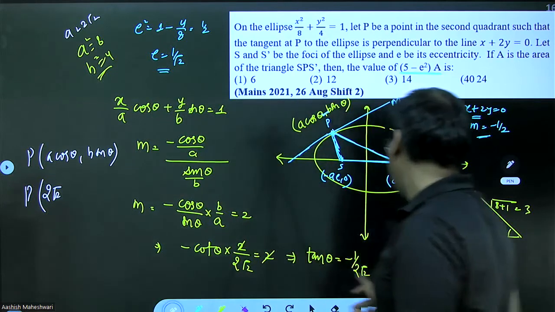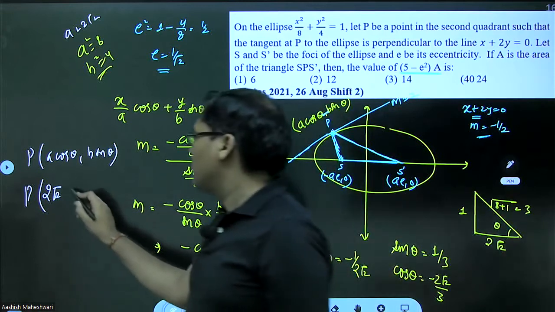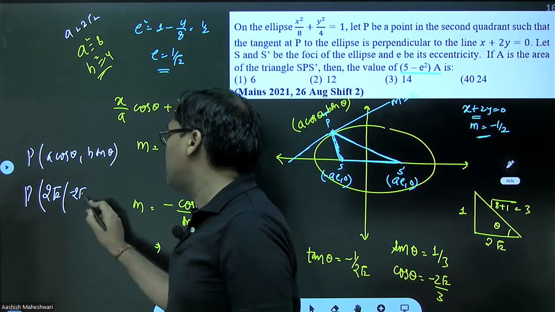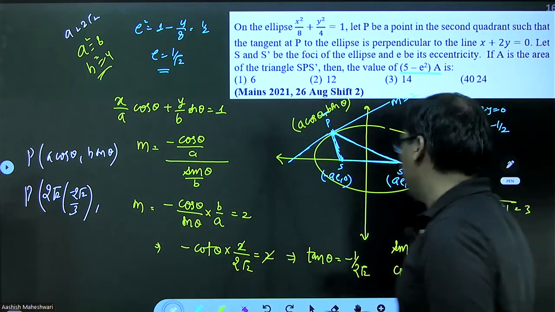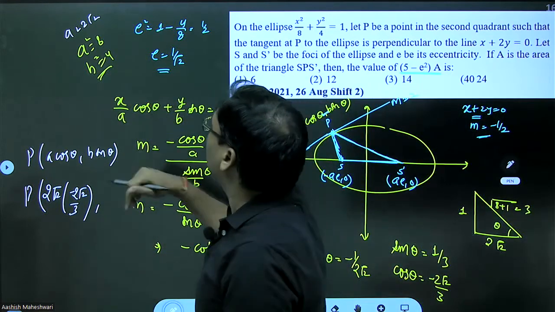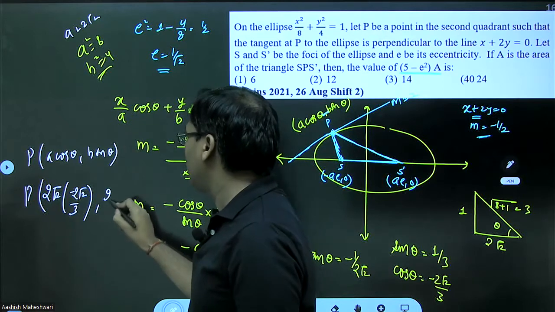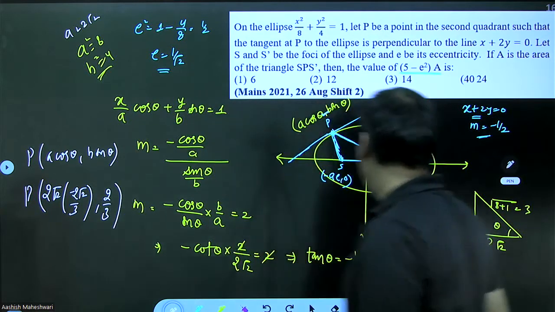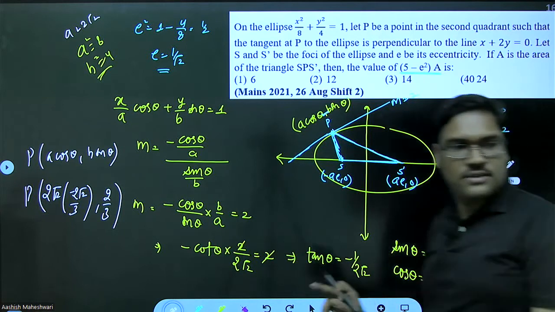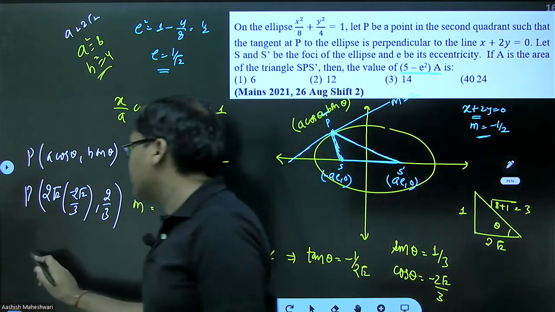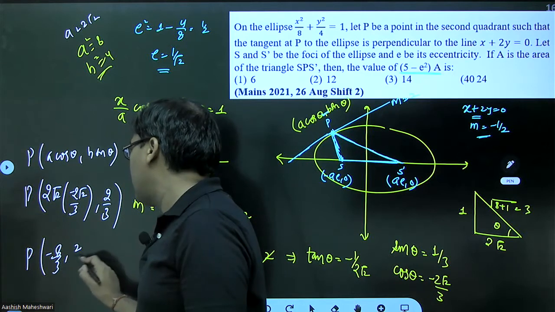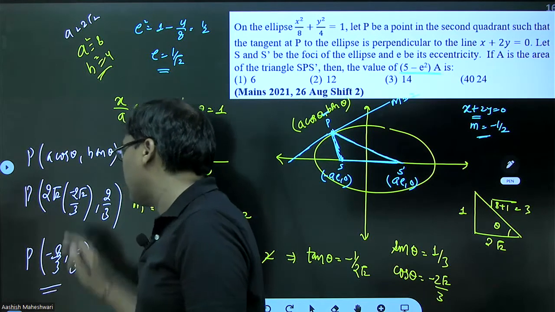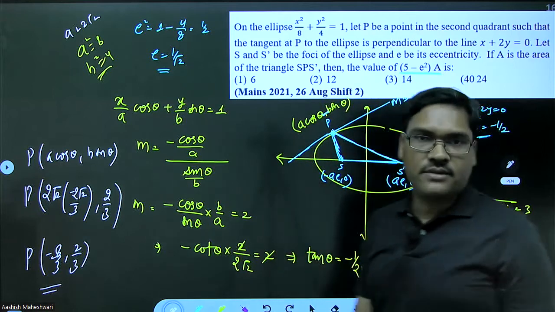What is cos theta? Cos theta is minus 2 root 2 by 3. Comma, B sin theta. What is B? B is 2. Sin theta is equal to 1 by 3, right? So what is this point P? This is minus 8 by 3 comma 2 by 3. This is the point we have got, point P, right?